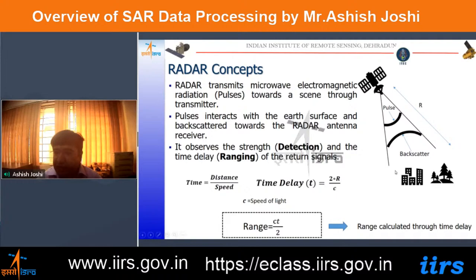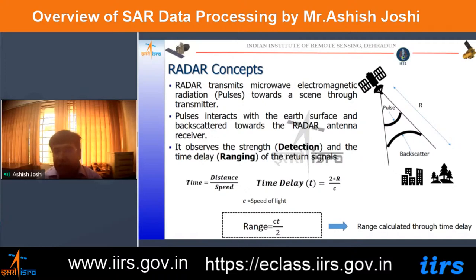After that, the pulses are backscattered towards the SAR sensors, and the energy is gathered by the SAR. It observes the strength, meaning amplitude of the signal, and the time delay, which is also called ranging. So in the radar, we get two components: one is the amplitude and second is the range to the sensor.